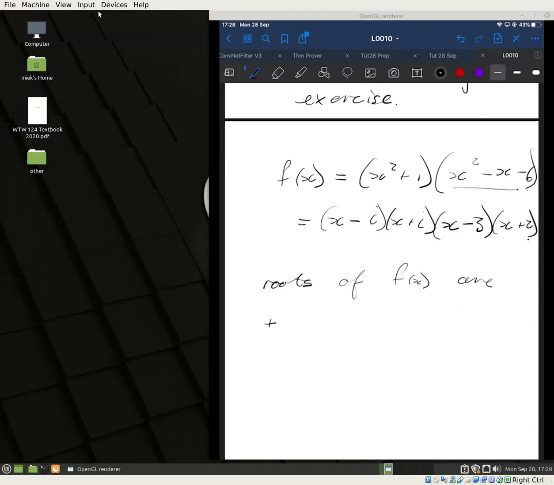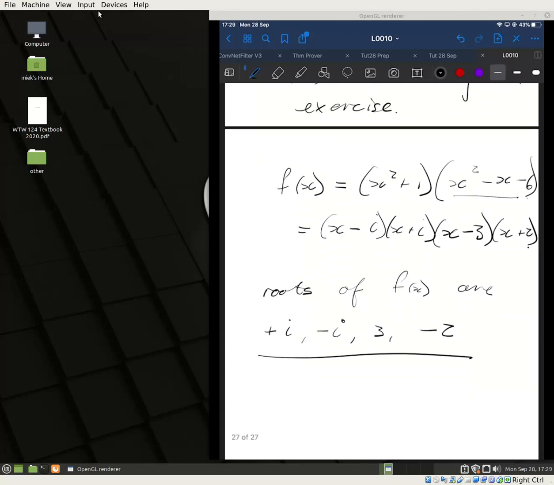They are plus i, minus i, 3, and minus 2. So there are 4 roots, and since we were working with a 4th degree polynomial, once we've got all 4 roots, we know that we have all of them.